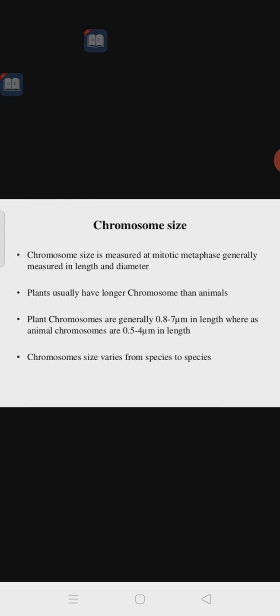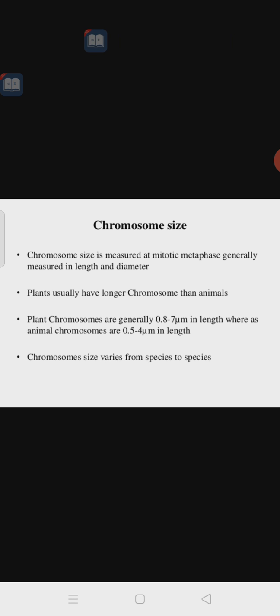Now the chromosome size, shape and number you have to study. Size means chromosome size is measured at mitotic metaphase, generally measured in length and diameter. You can easily measure with the help of the microscope the length and the width of the chromosome in the mitotic phase. Plants usually have longer chromosomes than animals.